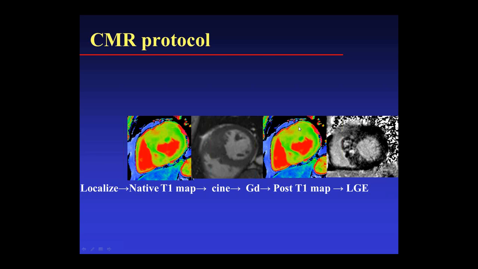We'll do T1 mapping again after contrast, and we'll also do late gadolinium enhancement about 20 minutes after contrast. That's for looking for the scar that's visible to the naked eye, as shown in this individual, the bright areas within the heart muscle.